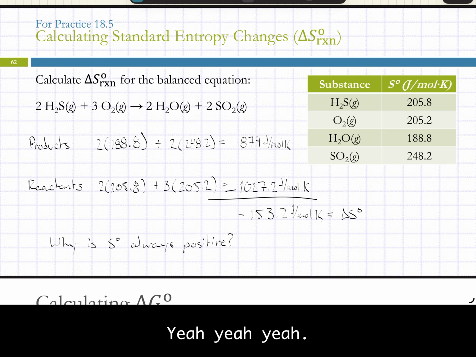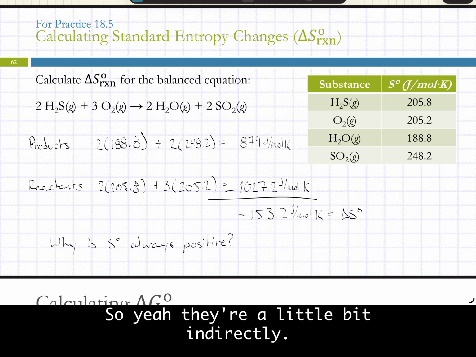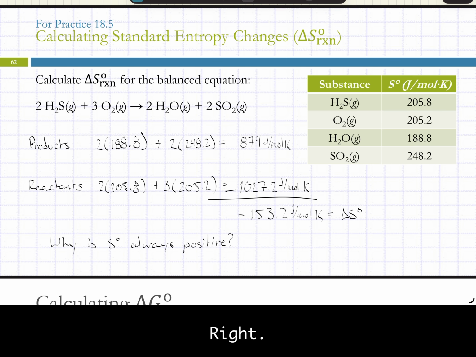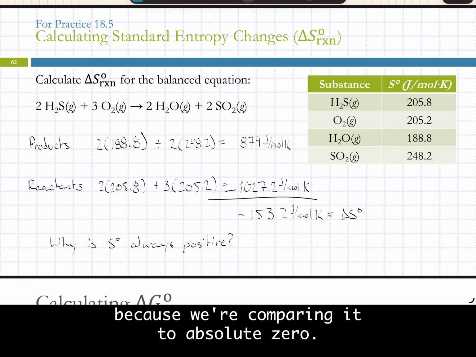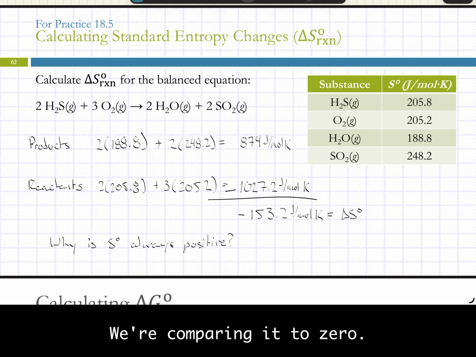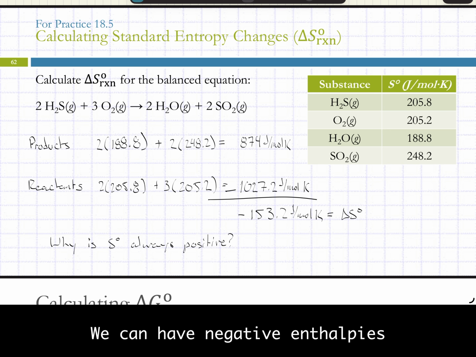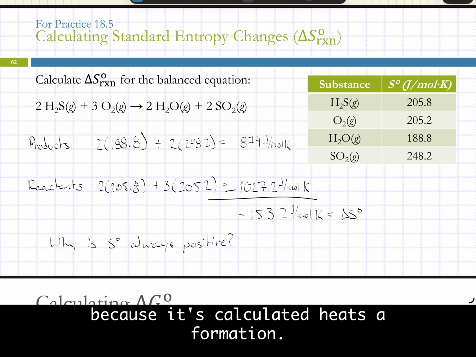Yeah, yeah. So you got there a little bit indirectly, but maybe everybody was thinking this because there's no duh, but right, the standard entropy is always positive because we're comparing it to absolute zero. We're comparing it to zero entropy. That's not the case with enthalpy, delta H. We can have negative enthalpies because it's calculated heats of formation.